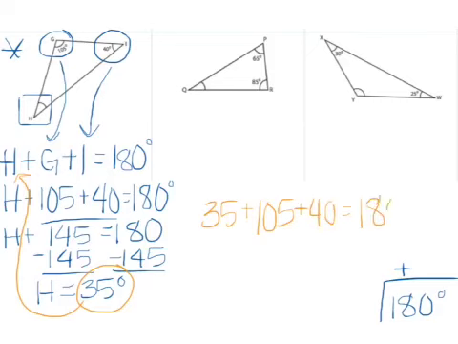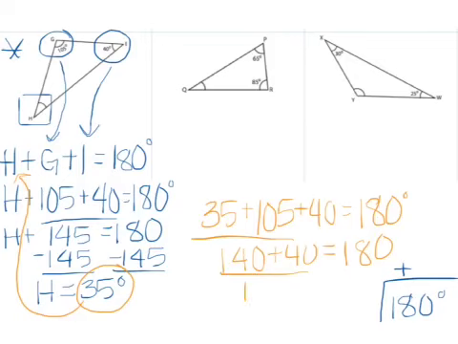We know that they have to equal 180 degrees. 105 and 35, when they add together, we have 140 plus another 40 equals 180. These 2 guys add up together to be 180, so we know that our answers are correct. Please try the other 2 triangle problems on your own.